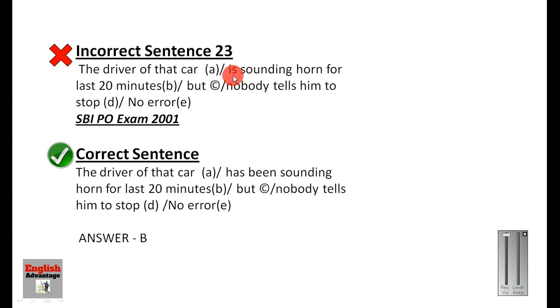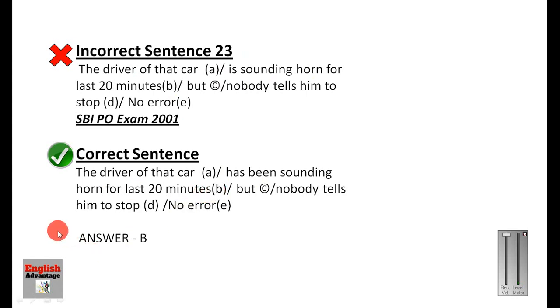You have to change it into "has been". The driver of that car has been sounding horn for last 20 minutes, but nobody tells him to stop. So this is the error part. We have to use "for" and "since" only in the perfect tenses. In other tenses we have to use "from" to indicate the point of time. So the answer would be B.